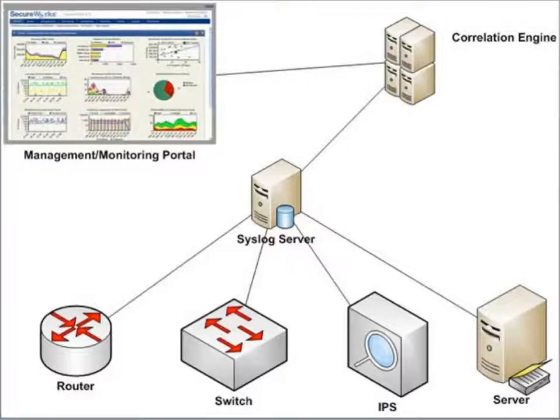So a portal will give you the overall health of your network, and it can also, depending on the solution, tell you what the current threat environment is for organizations in your industry for that day. What a SIEM does is it gives you a good picture, overall analysis of everything that's going on across network segments of interest on your network and lets you know whether there's something you should be taking a look at.